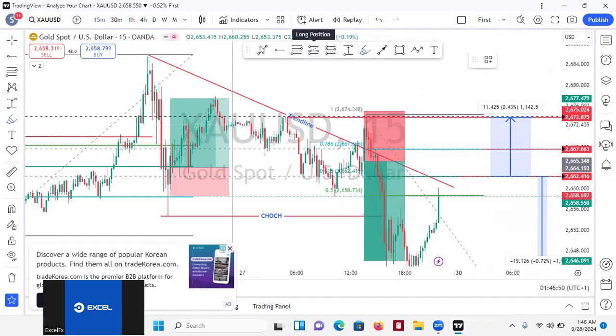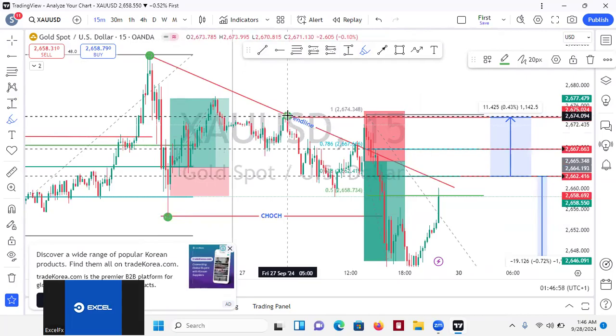So this is how I use it. I highlight this very high here, and this low here, this high again, and then this very current low right here. So this is basically how I use it.